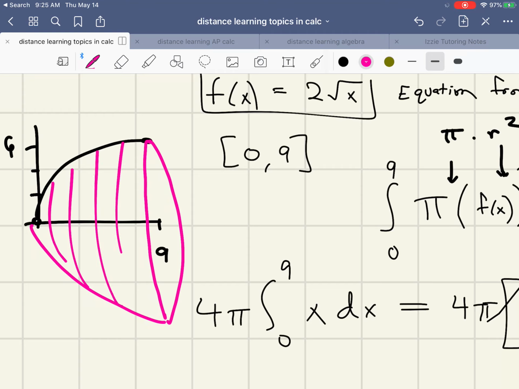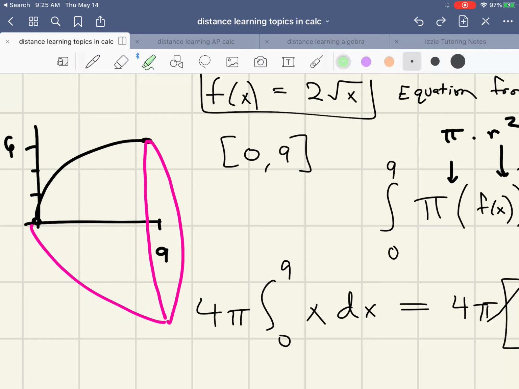You end up getting a kind of a bullet-shaped object, and we're basically taking a cross-section of that, making it infinitely thin, finding the radius, which in this case, since we're rotating around the x-axis, is the height of the function, also just f of x.